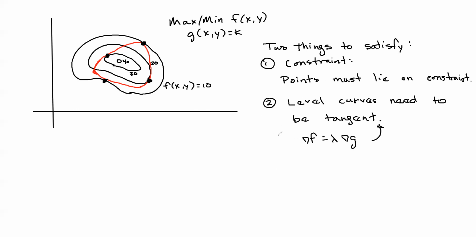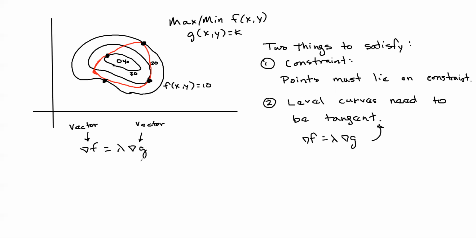So how does this imply this? Let's just go off to the side here. We've got gradient of f equals lambda gradient of g. What is gradient of f? It's a vector. What is gradient of g? It's a vector. You have this lambda here, which just represents the fact that these vectors are scalar multiples of each other.